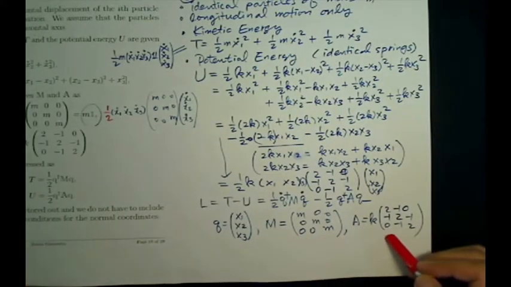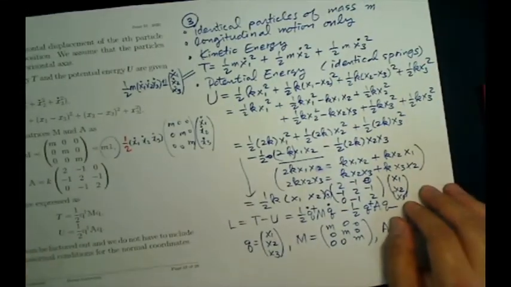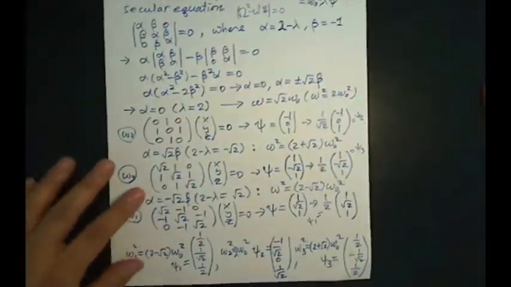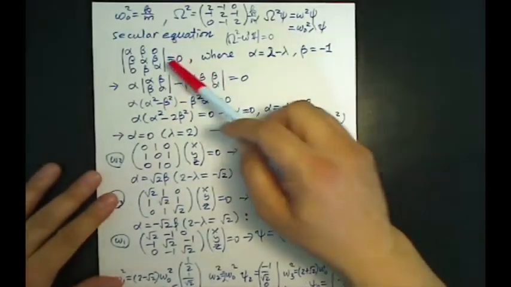Therefore, it is straightforward to obtain the orthogonal eigenvectors by solving the eigenvalue problem. The solution of the eigenvalue problem can be found in this way.